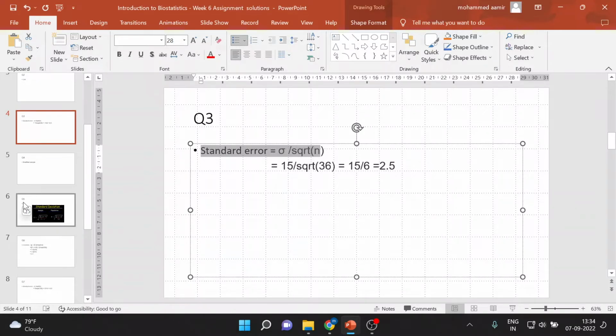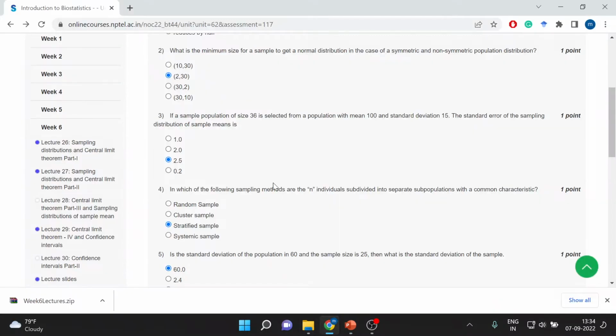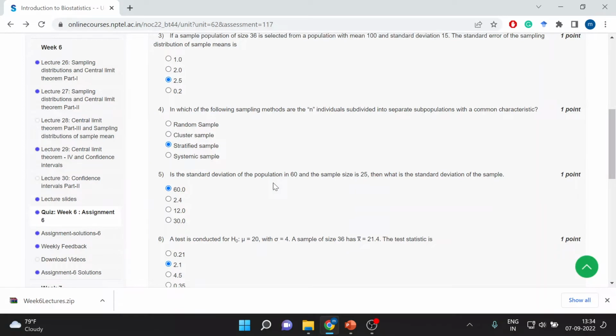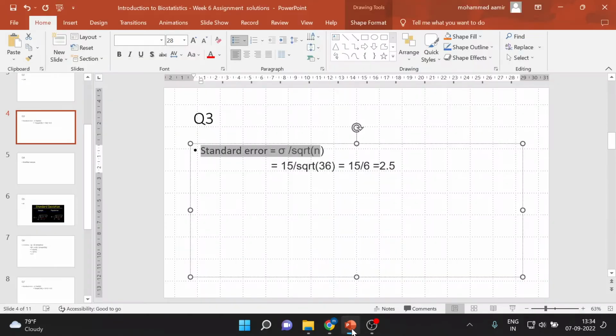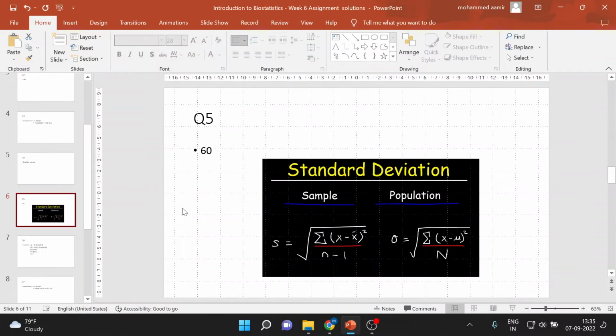The next question is, given a standard deviation of a population is 60 and the sample size is 25, what is the standard deviation of the sample? So you know that the standard deviation of a sample is this: x minus the mean of the sample, and the square of that, and you need to sum over that.